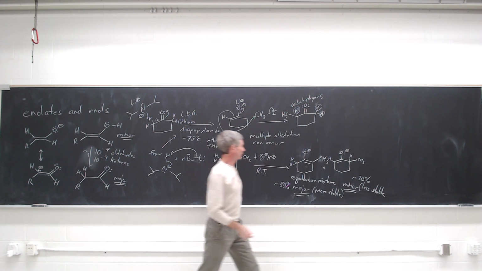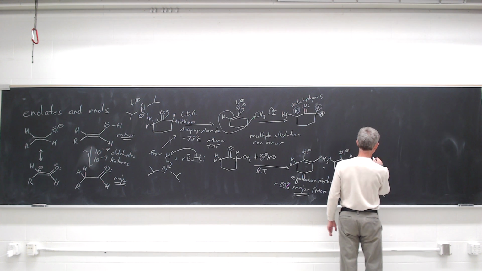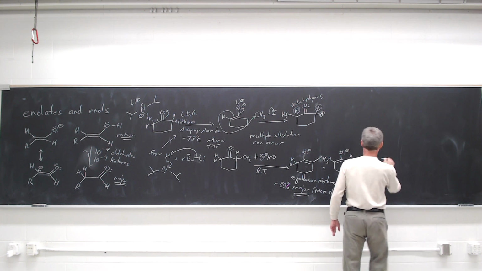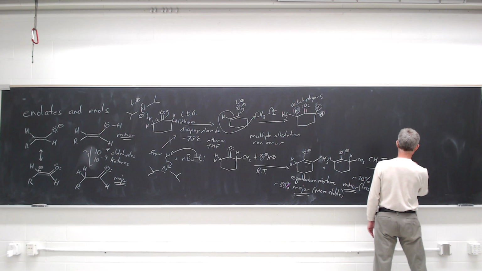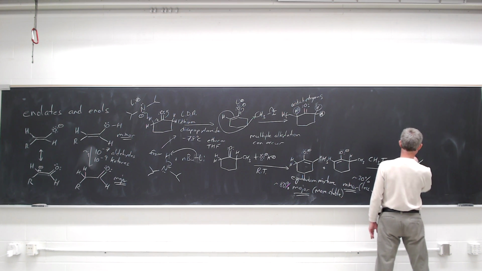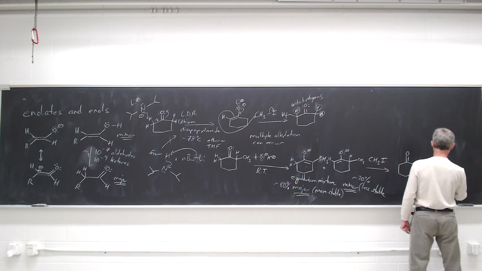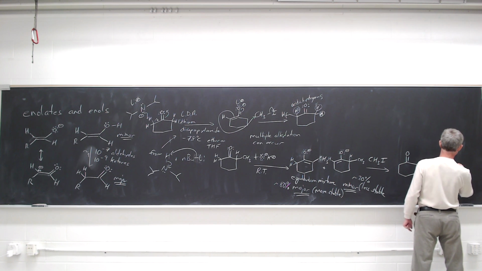Which, after treating with methyl iodide, will result in a mixture of 2,2-dimethyl and 2,6-dimethyl cyclohexanone.